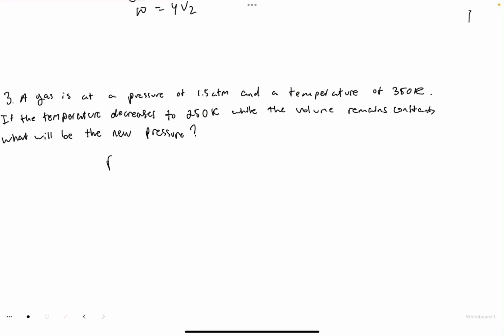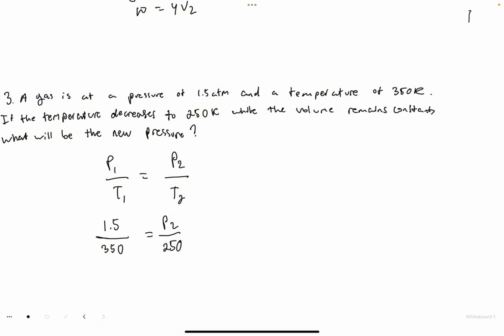So Gay-Lussac would be P1 over T1 equals P2 over T2. So the pressure would be 1.5 over the temperature of 350 would be equal to the second pressure over 250.